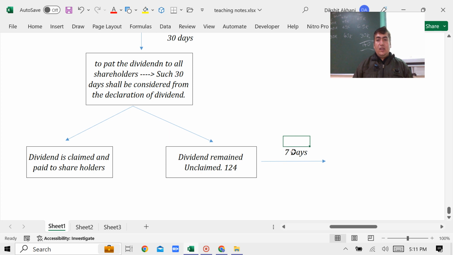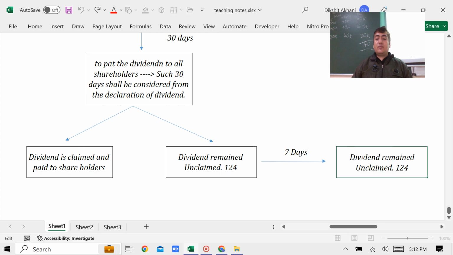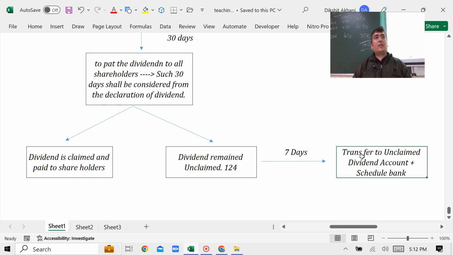And during these 7 days, you have to transfer this unclaimed dividend to a separate bank account. All right. Transfer to the unclaimed dividend account, definitely mentioned in a scheduled bank. Is it clear to everyone?